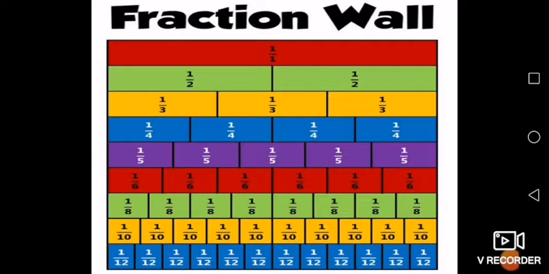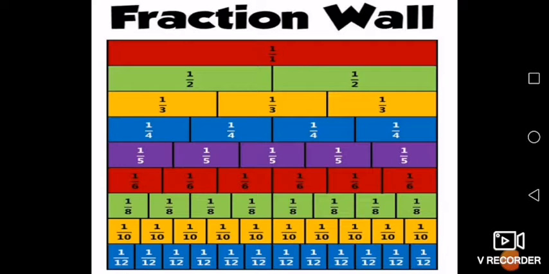Now next we will divide it into 4 parts, then each part will represent 1 by 4. If we divide it into 5 parts, each part will represent 1 by 5. Similarly with 6, each part will represent 1 by 6. If we divide it into 8 parts, each part will represent 1 by 8.